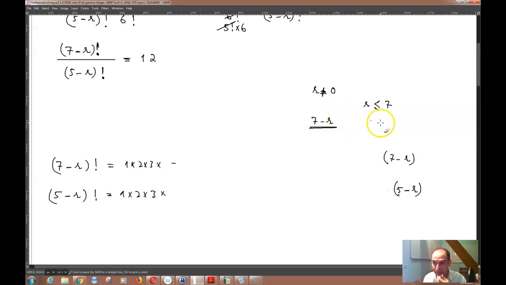So let's take r as equal to 1, just some arbitrary value for r. If r is equal to 1, then 7 minus 1 is equal to 6, so the last term over here becomes 6.